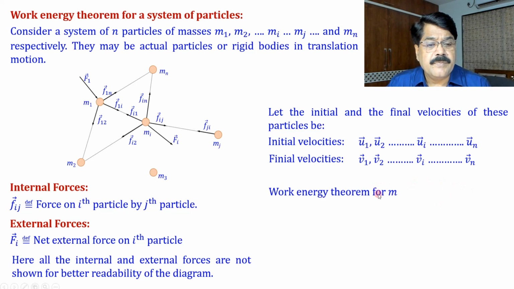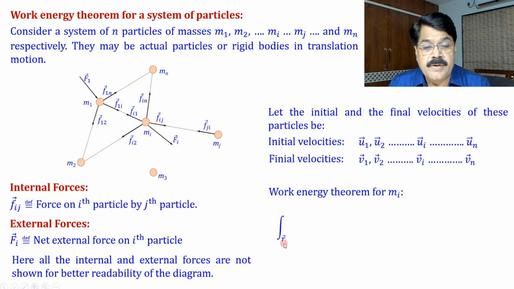Work-energy theorem for mi: that will be the work done by all the forces acting on mi, that is, the work done by this capital Fi and all these internal forces. We write the work done by the external force separately and the work done by all the internal forces separately, and that will be equal to the change in kinetic energy of this particle mi. So half m vi square minus half m ui square.